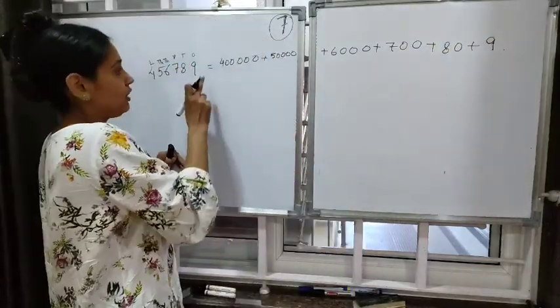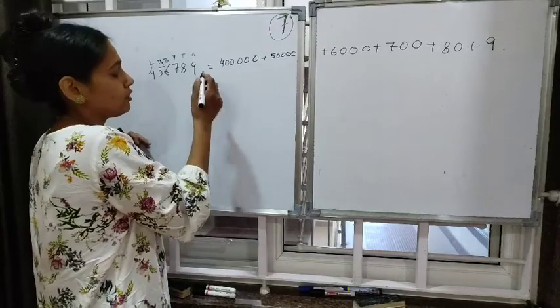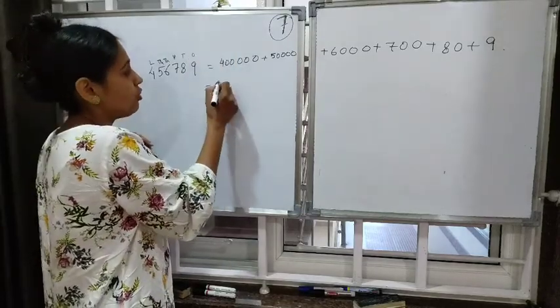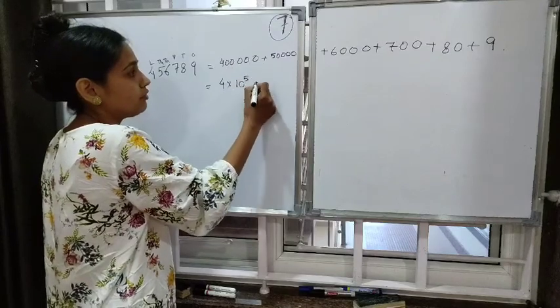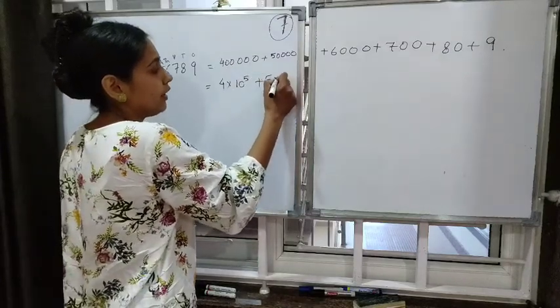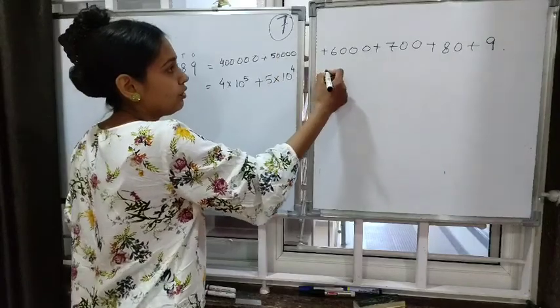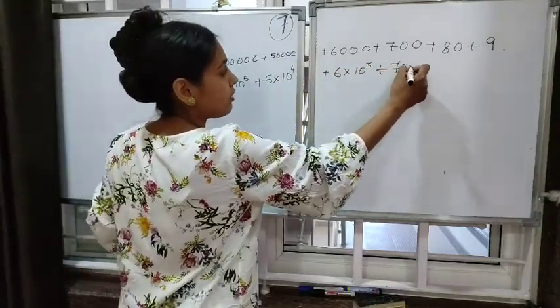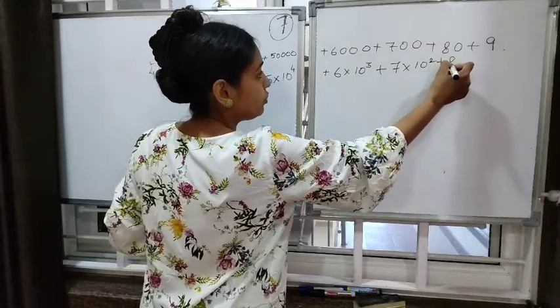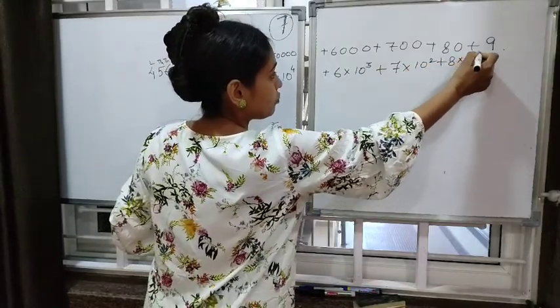Now these numbers can be written in the standard form or in their exponential form also. How? 4 into 10 raised to 5, 5 into 10 raised to 4, 6 into 10 raised to 3, 7 into 10 raised to 2, 8 into 10 raised to 1.